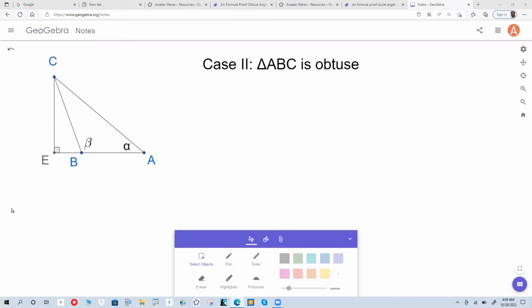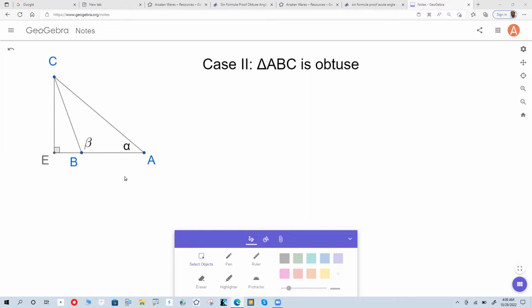So in our example, angle ABC, which I've labeled as beta, is larger than 90 degrees. In this case, we drop a perpendicular from point C to AB extended. We call this perpendicular line CE, or you can call it line segment. I guess that's a bit more accurate.